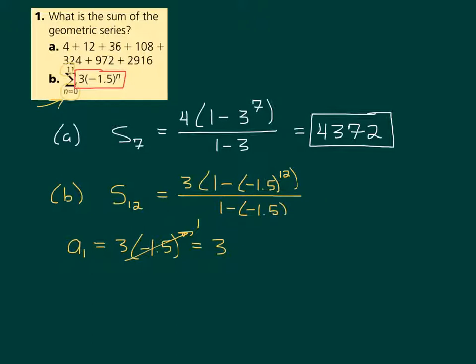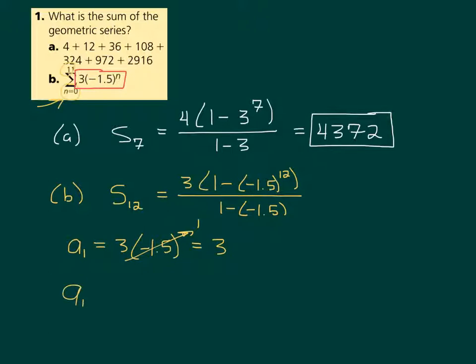Notice that I am not multiplying this negative by this negative and making it addition, because that would go against the order of operations. I have negative 1.5 raised to the 12th. I must raise it to this exponent before I do anything with this operation. I have to raise this negative number to the 12th first.